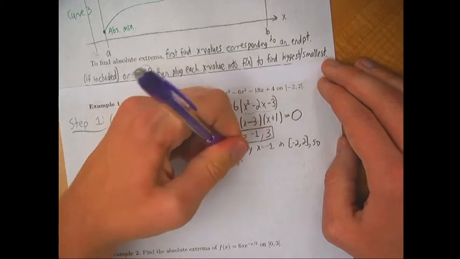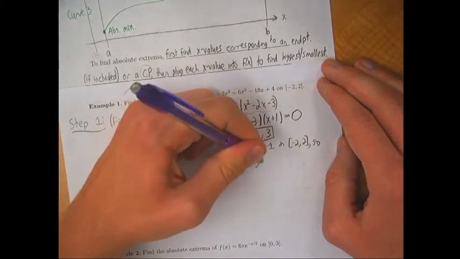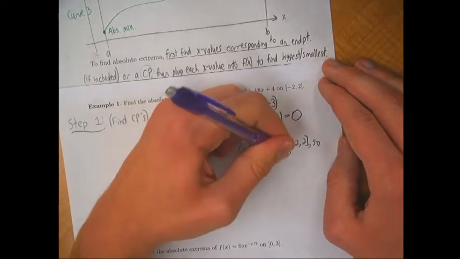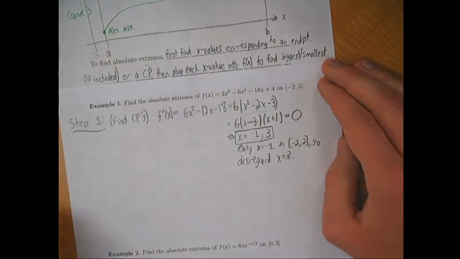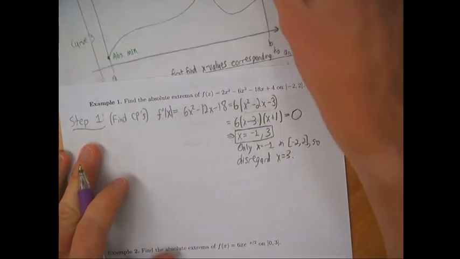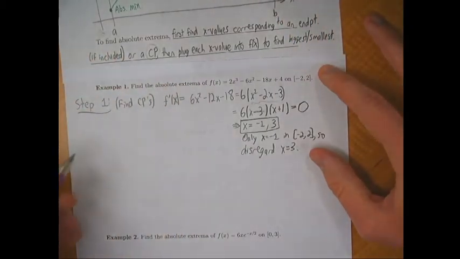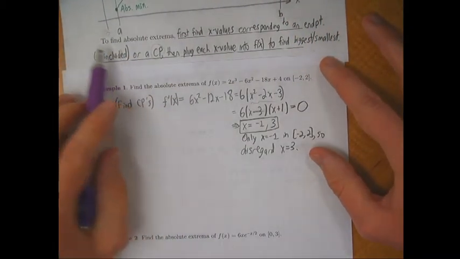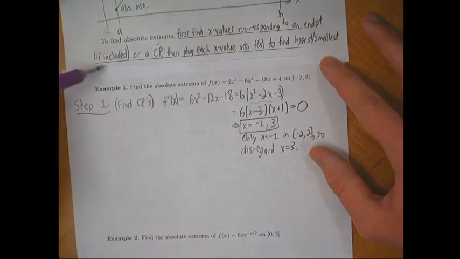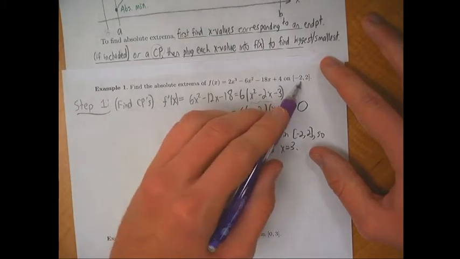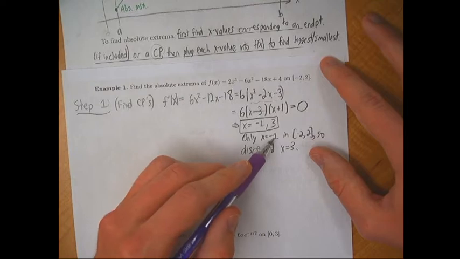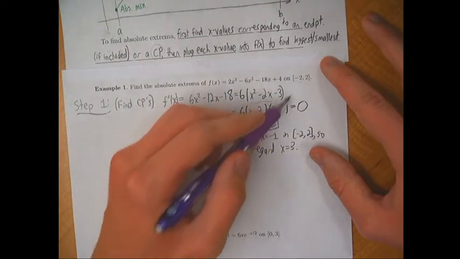So we're going to have to disregard x equals 3. Okay? Alright, so now that we figured that out, in terms of our analysis as per this above remark, we only care about -2, -1, and +2.